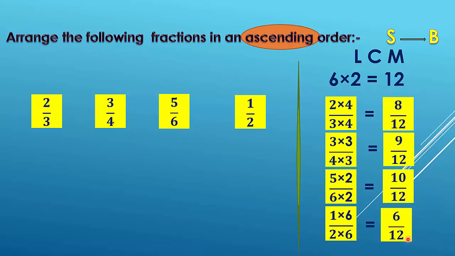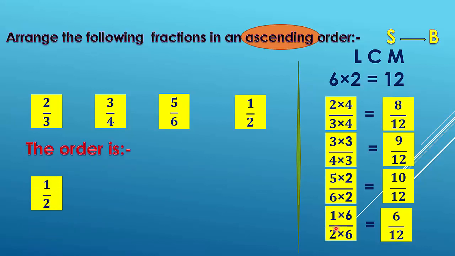Here I have the same denominator. Then I can arrange. I want the smallest numerator. Look at the numerator, which is small, 8, 9, 10, or 6, teacher? Yes, 6 over 12 is the smallest one, but I will not write 6 over 12. I will write my fraction 1 over 2.